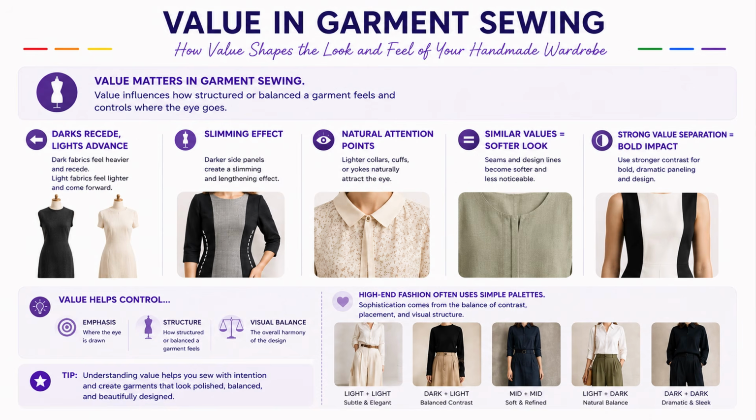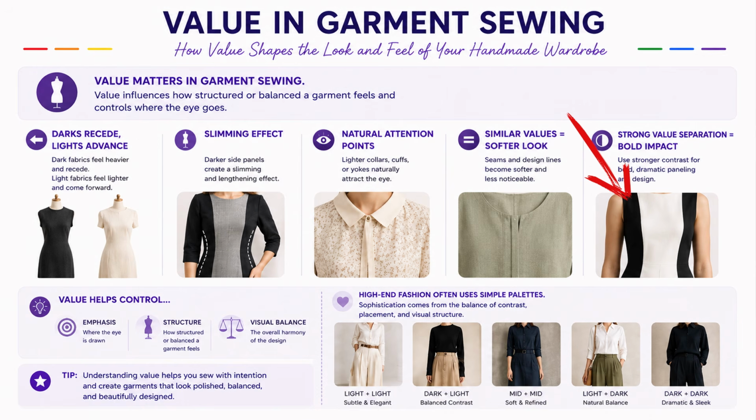And if you place two fabrics with very similar values next to each other, seams and design lines become softer and less noticeable. That can be beautiful if you want an elegant and subtle look. But if your goal is bold contrast or dramatic paneling, you'll usually want stronger value separation.